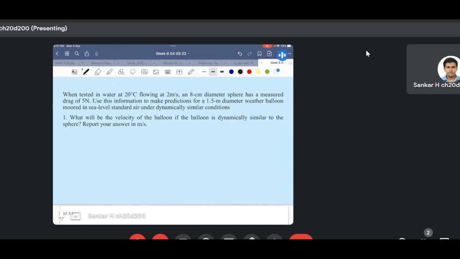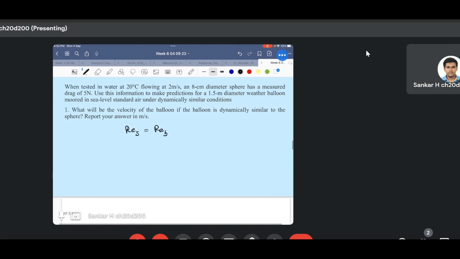So first, we need to understand which dimensionless number we have to use, and that is in fact the Reynolds number. So we can say that the Reynolds number of the sphere should be equal to the Reynolds number of the balloon. Therefore, it is dynamically similar to the sphere, and we are using the similarity of Reynolds number.